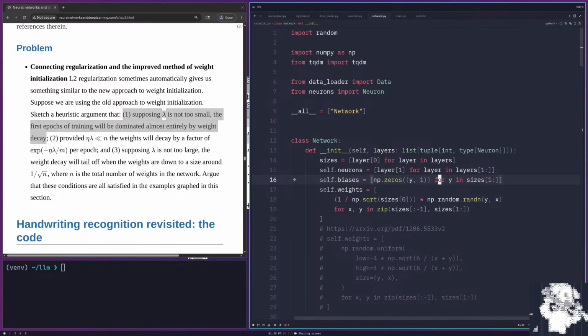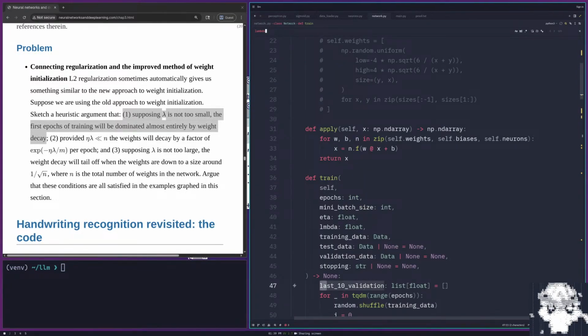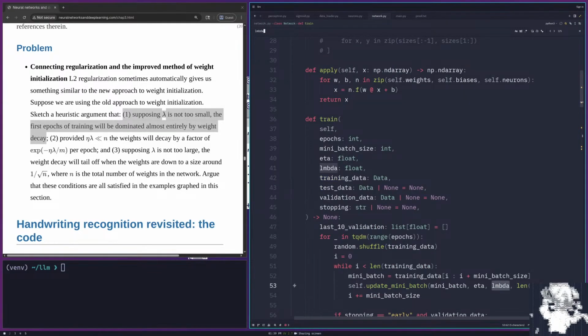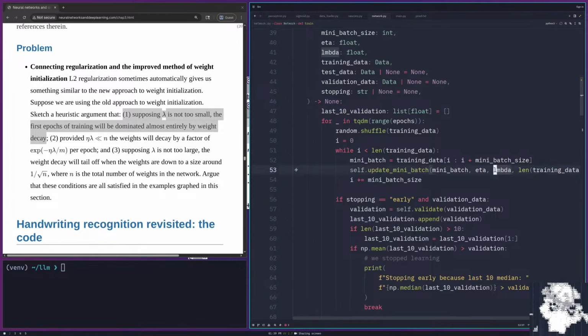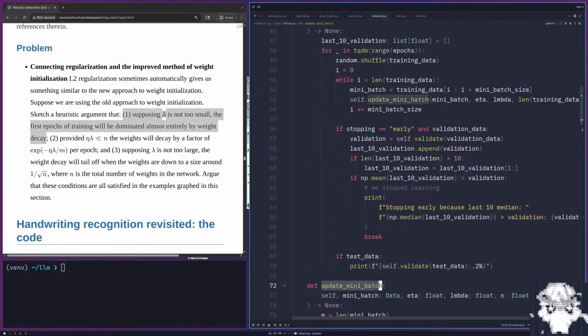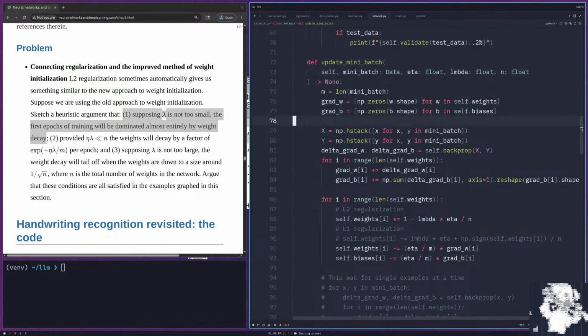Just want to remember lambda. How does it get used again? Okay, so lambda tells you how much to decay weights on each update.